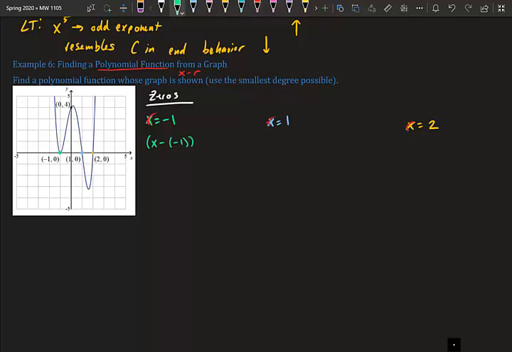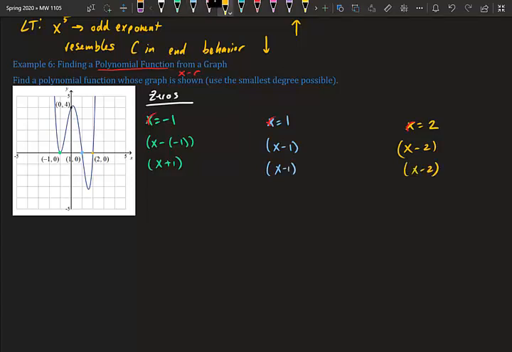And then we have x minus 1. And then last but not least, we have x minus 2. So we can clean this up. We have x plus 1, x minus 1, and x minus 2.